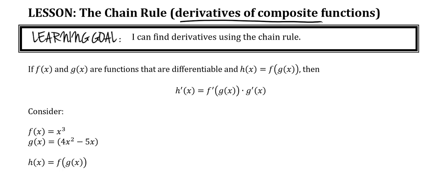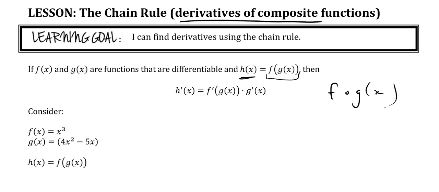Today we're going to mostly be doing something slightly different with the chain rule. But the chain rule itself is an important concept, and it goes like this. If the function h is a composite function where it's f of g at x, remember this was like f circle g.